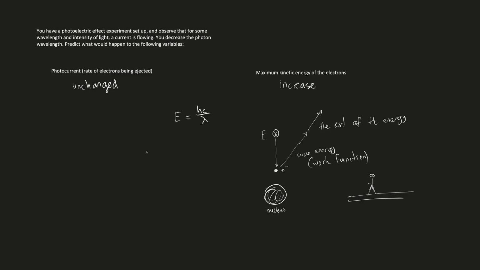It's a particle-like photon interacting with the electron, and depending on how many photons there are, that actually influences how many electrons can be ejected. So if we have the same intensity, the same number of photons coming in, we have the same number of electrons going out.